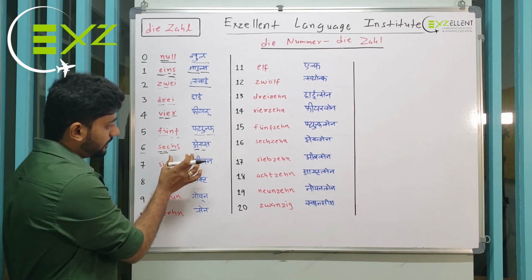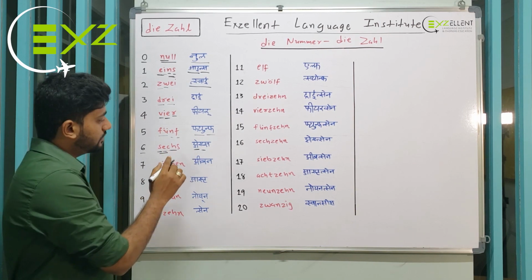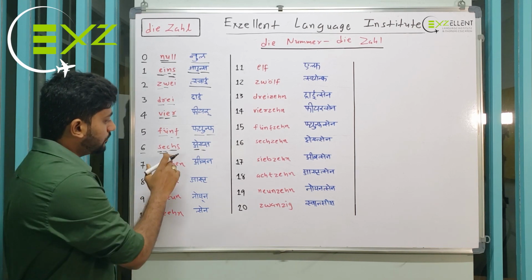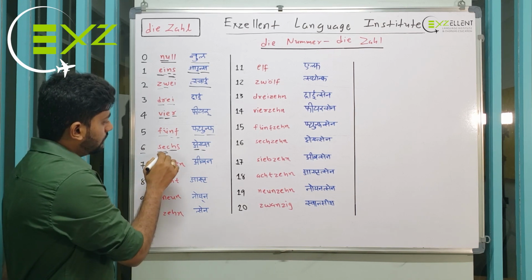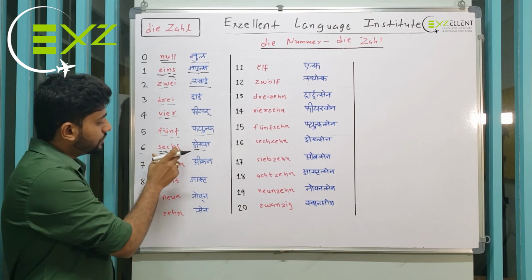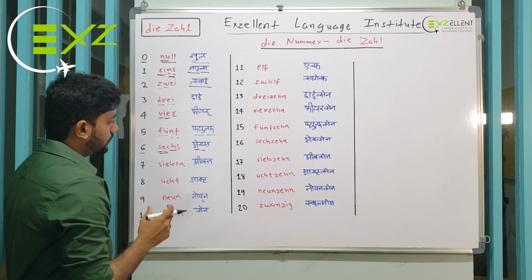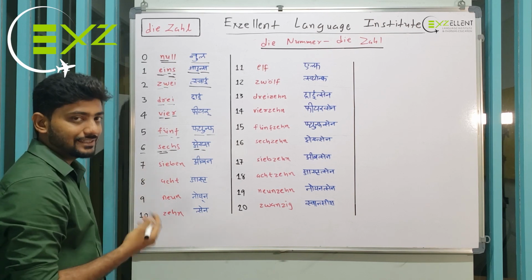This is an exception, because as per the rules, pronunciation of CH should be sh, but here pronunciation of CH is kh. So we have to remember pronunciation of this word sechs by ourselves. So sechs it is. Then we have sieben.